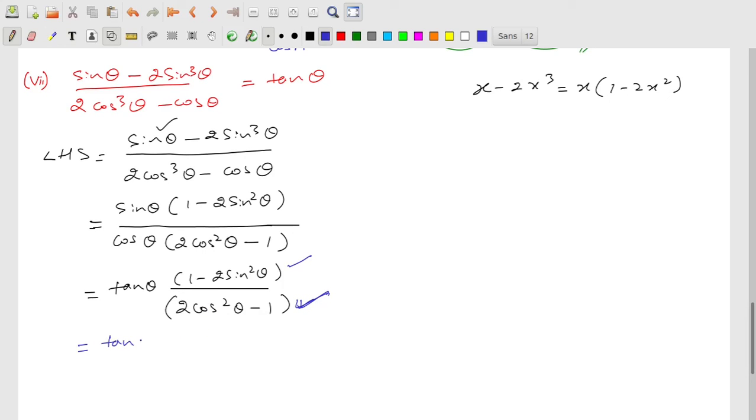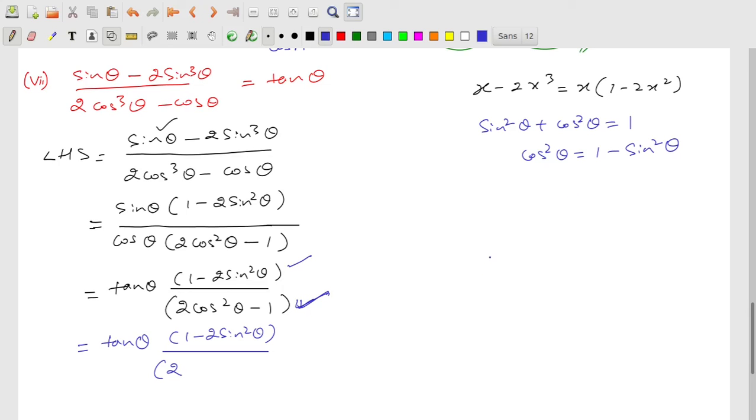See, keep this tan theta as it is, 1 minus 2 sine square theta as it is, and in the denominator 2, see here, first identity, sine square theta plus cos square theta is equal to 1, and then cos square theta is equal to 1 minus sine square theta. So now this cos square theta can be written as 1 minus sine square theta, minus 1.